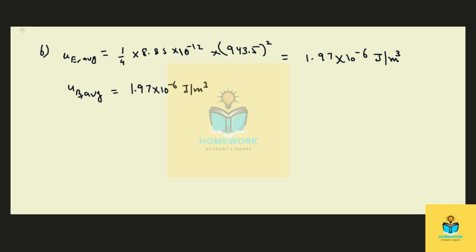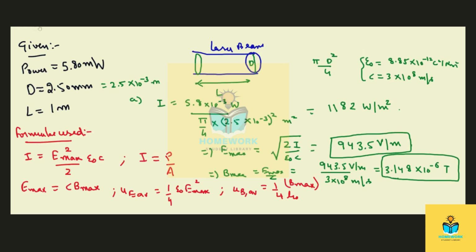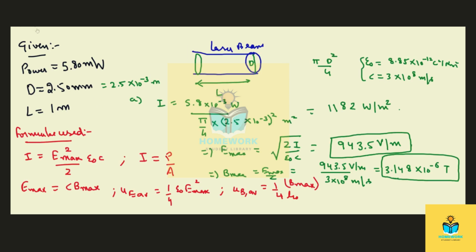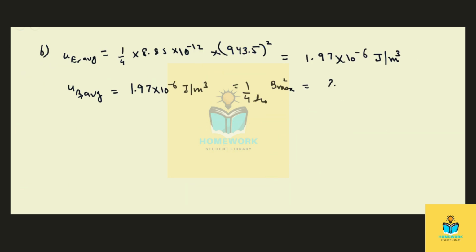But you can also find it using this value, which is equal to 1 over 4 mu naught Bmax square, and Bmax we have this value, 3.148 into 10 raised to minus 6 square over 4 into 4 pi into 10 raised to minus 7.